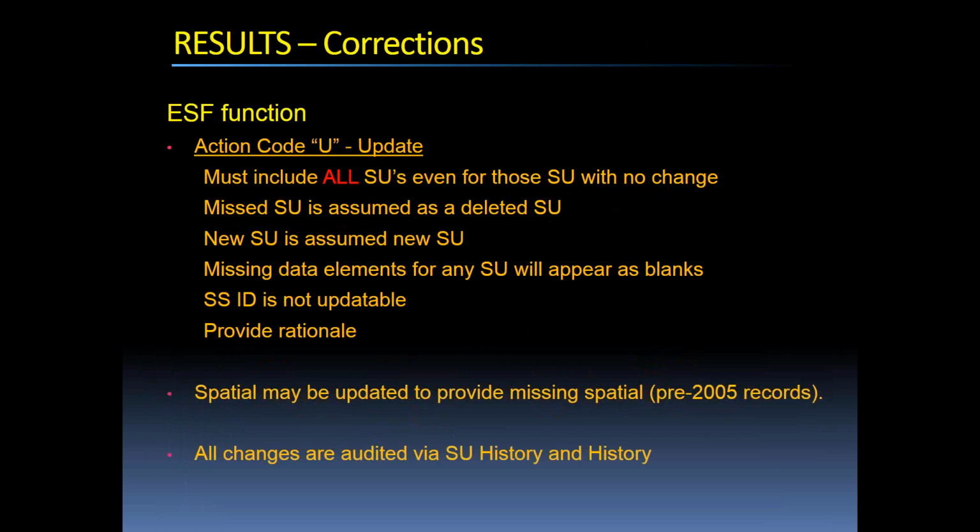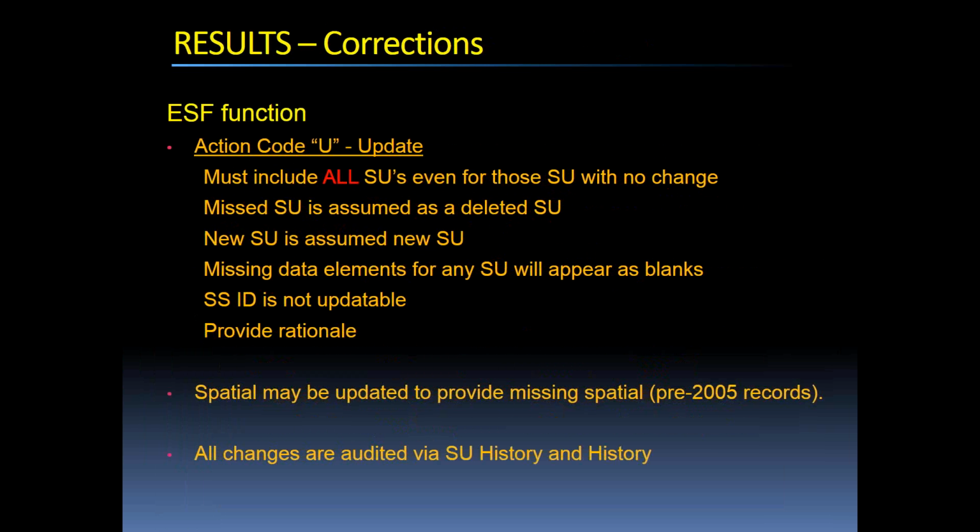If there are reasons for making certain changes, it's really good to provide the sort of rationale so that there's some context, because the people who look at this down the road will have to trace back the chronology of what's happened over time. So the rationale is important, and it needs to be used to supplement that information to provide the right understanding of what's happened and why things are being changed.